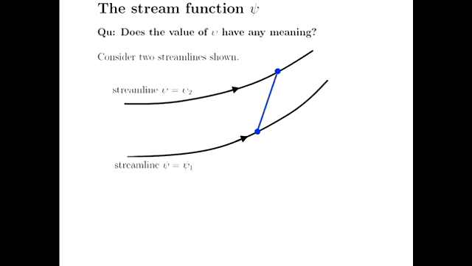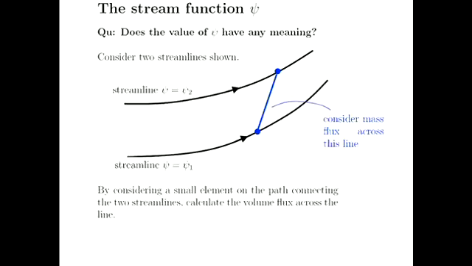To nut out numerically what the value of stream function actually means, we can consider a line connecting those two streamlines, and calculate the volume flux or the mass flux across that line.